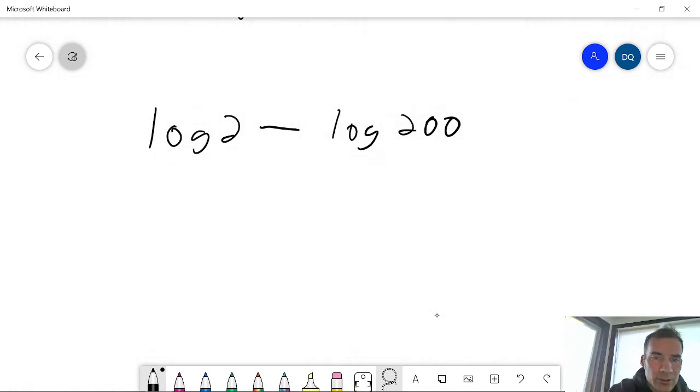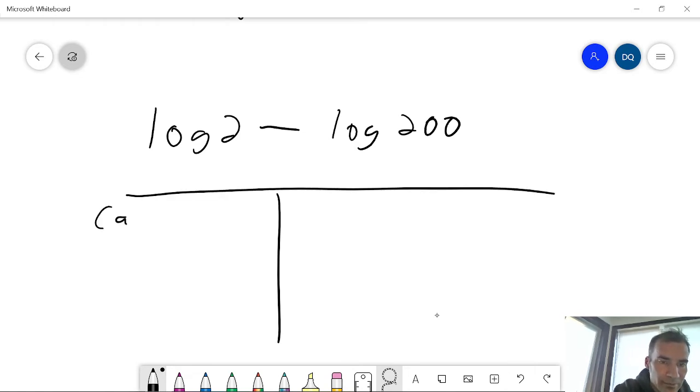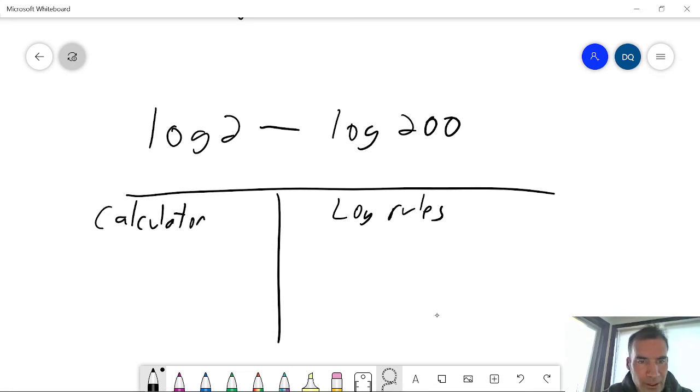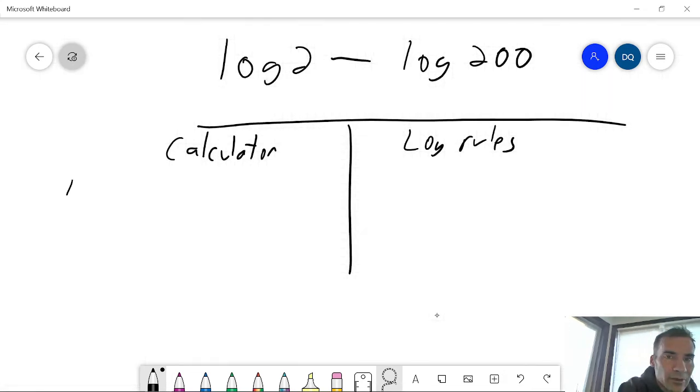So let's do this two ways. We'll do it with a calculator, and I'll write out the steps, and we'll do this using log rules. So if I use a calculator, I've got the log of 2 minus the log of 200.